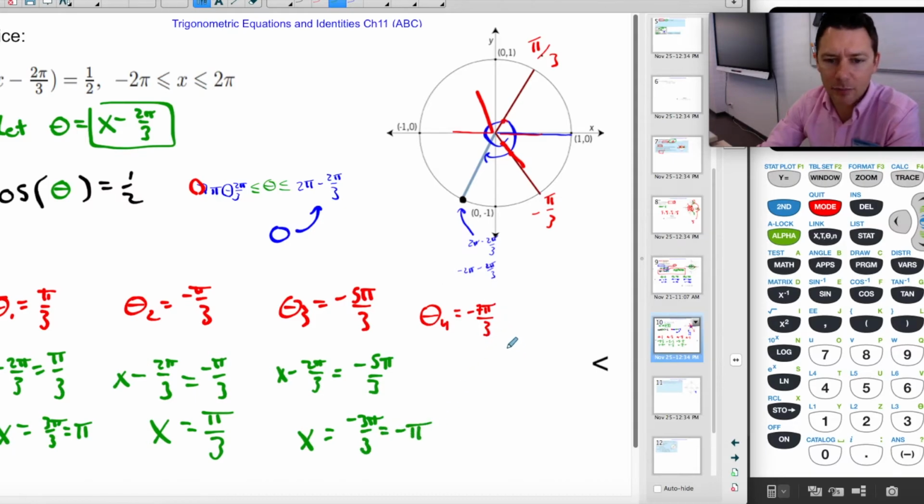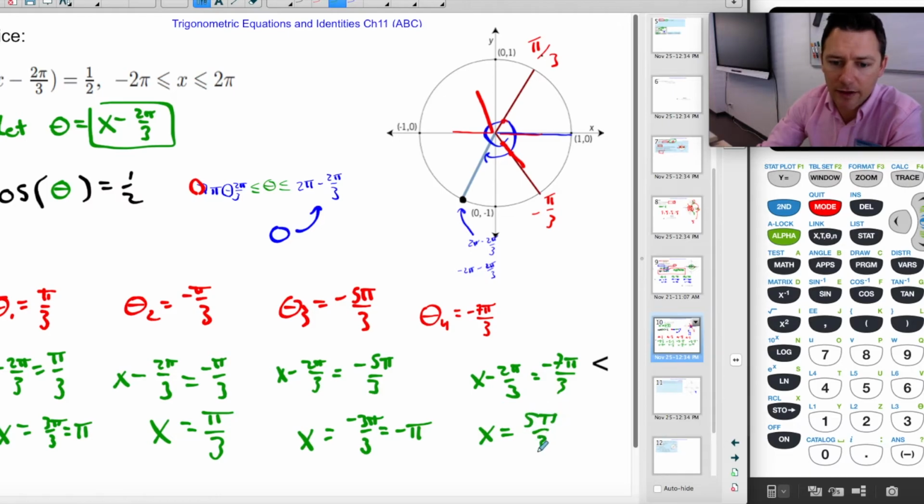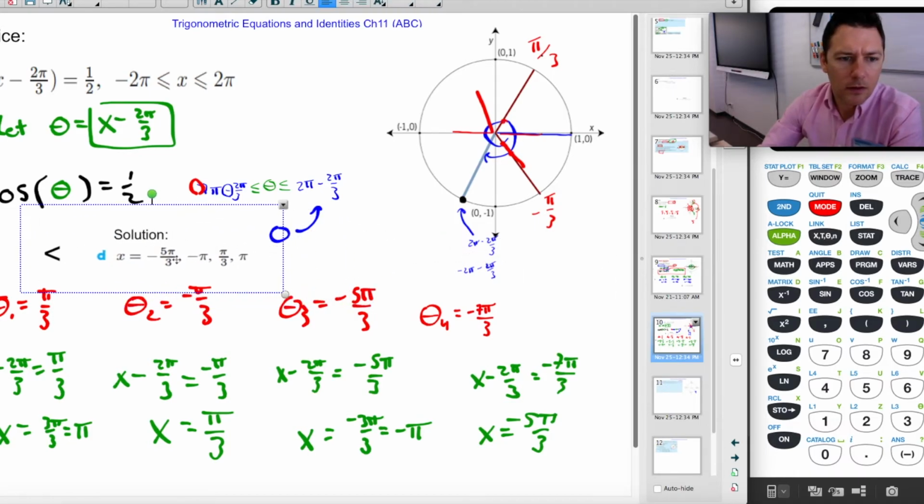And this last part is x minus 2 pi thirds equals negative 7 pi thirds. So add 2 pi thirds to both sides and you get negative 5 pi thirds. All right, let's try that. Yeah, there you go. So there's negative 5 pi thirds, there's negative pi, there's pi thirds, and there's pi.